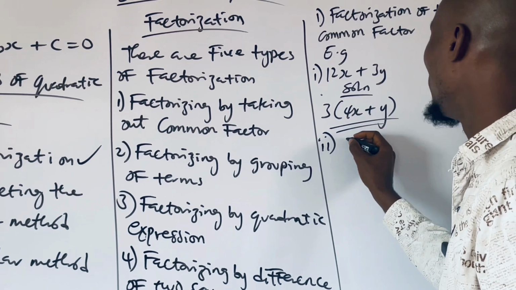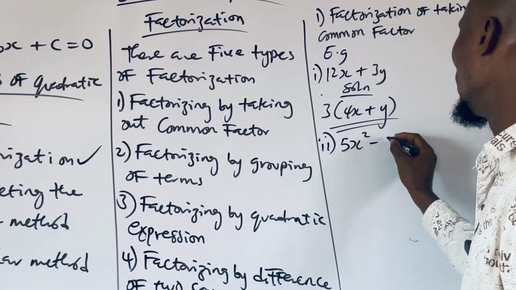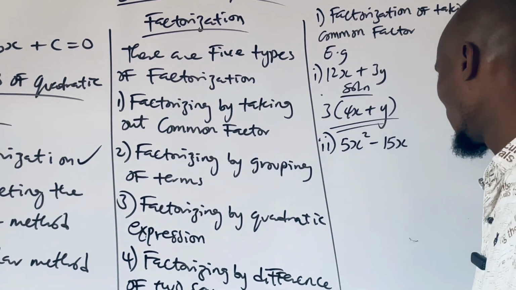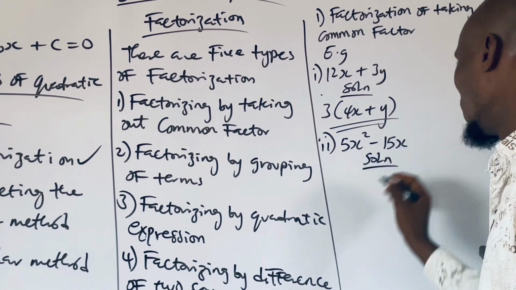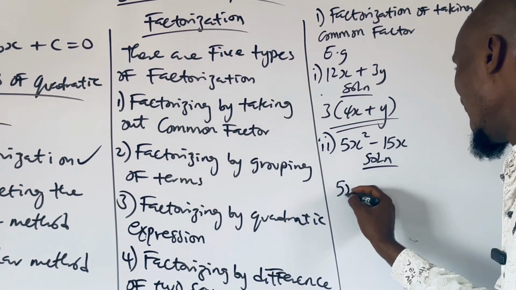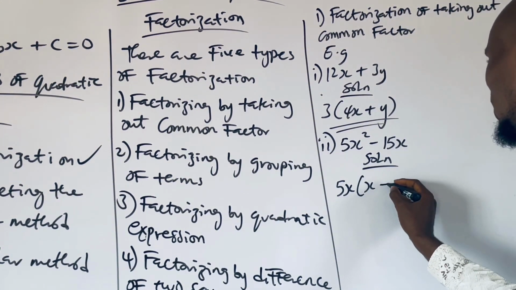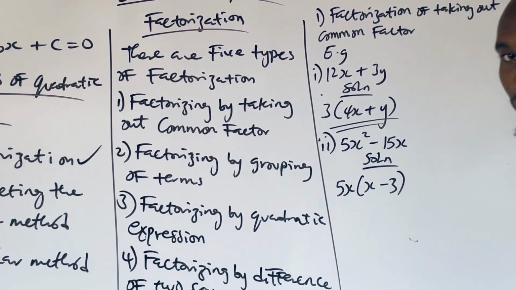When you have 5x squared minus 15x, let's factorize by taking out common factor. What is the common factor here? 5x into bracket x minus 3.